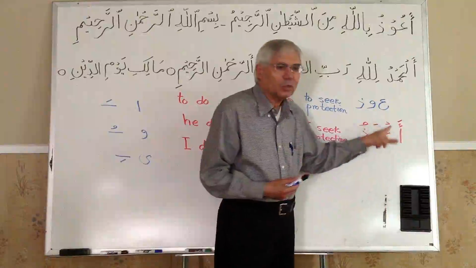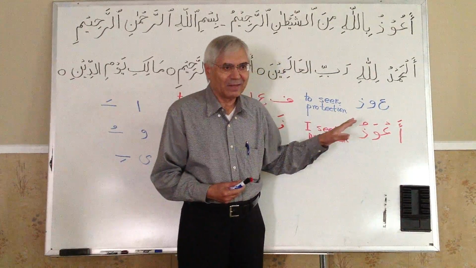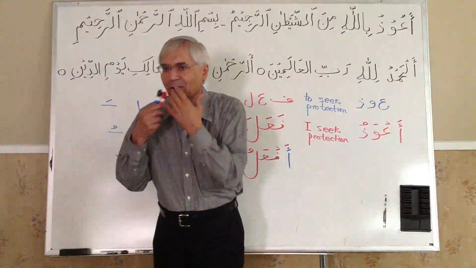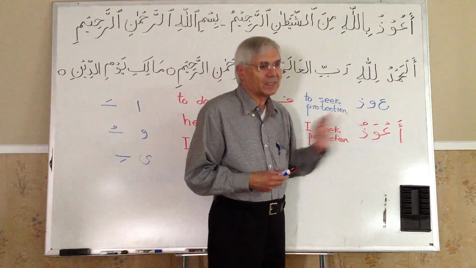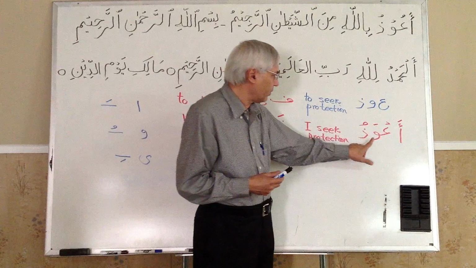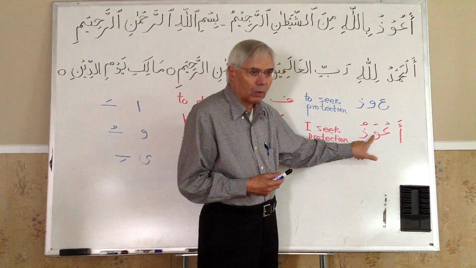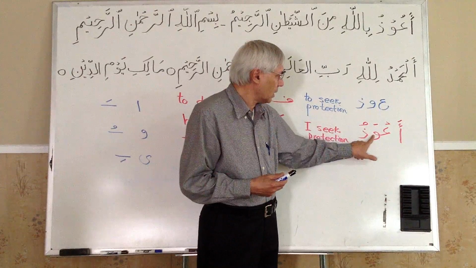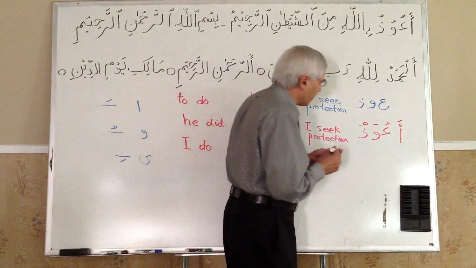see, it's also very difficult to pronounce. A'awazu. If you keep saying a'awazu, it is hard on the tongue also. So we need to do a little fixing here, and the way we do the fixing is that the sound of waw is oo. So we do a little fix this way.